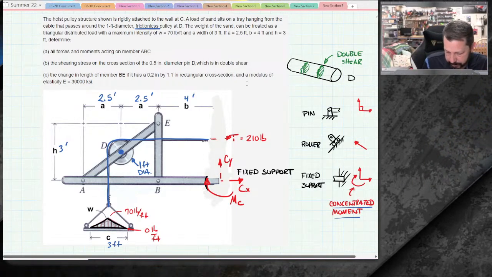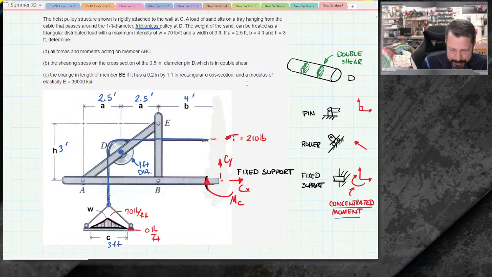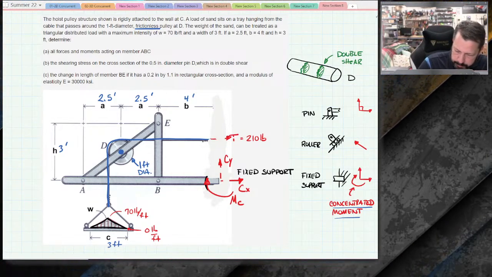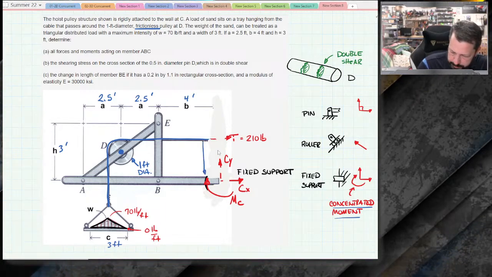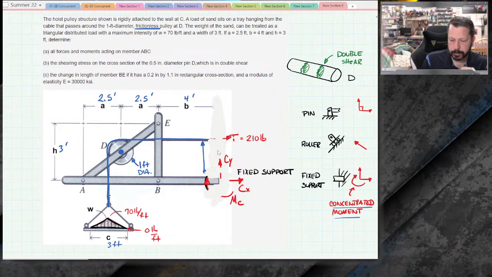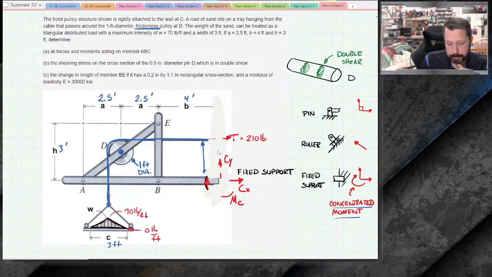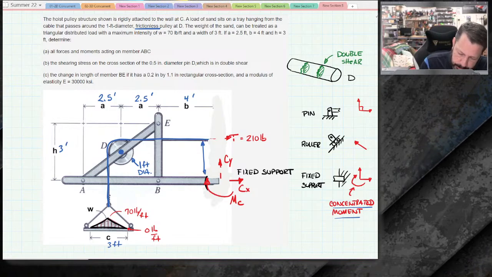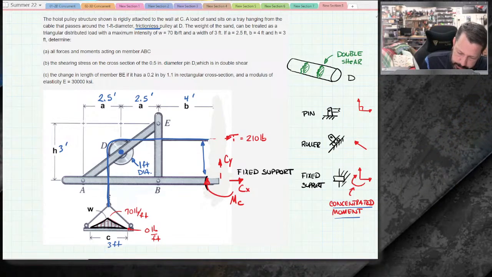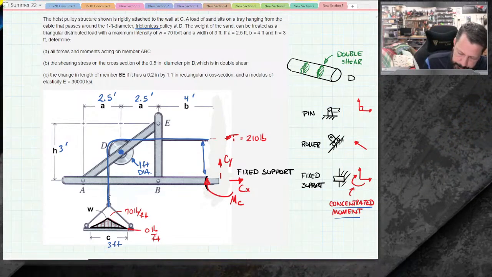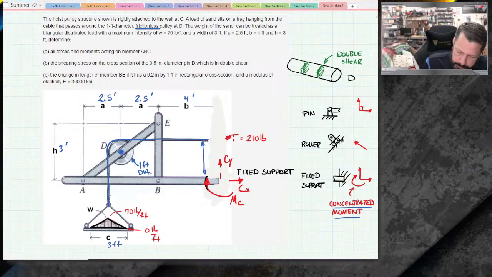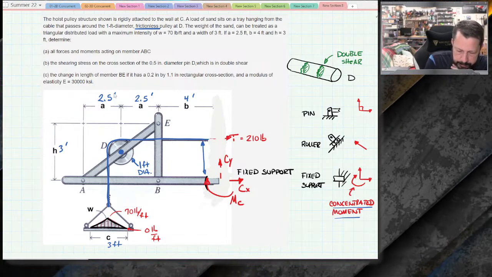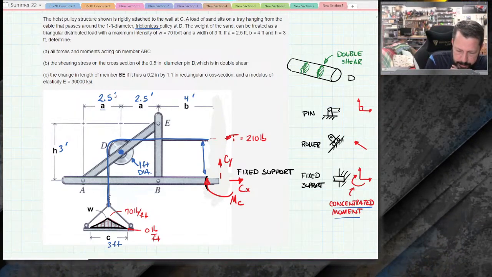I don't have all of the pieces, but I want this height. I want that height right there. That's the moment arm between the horizontal 210 pounds and point C. They don't really give me that. So I'm going to use the idea that they've made these two A variables the same.